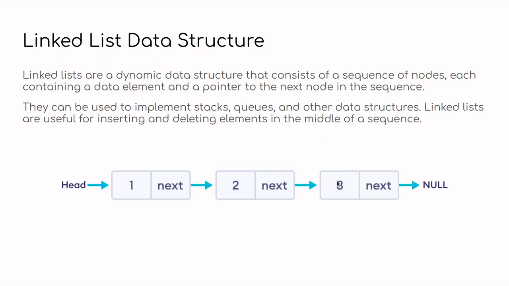Linked lists can be used to implement stack, queue, and various other types of data structures. If you see in an array, we cannot remove elements from the middle. In a linked list, we have that functionality where we can insert as well as delete elements from the middle of the sequence.